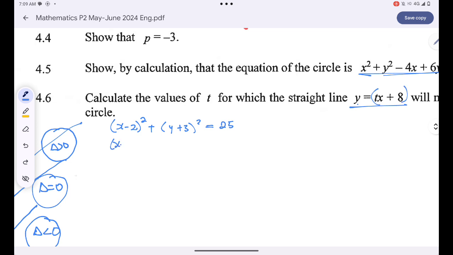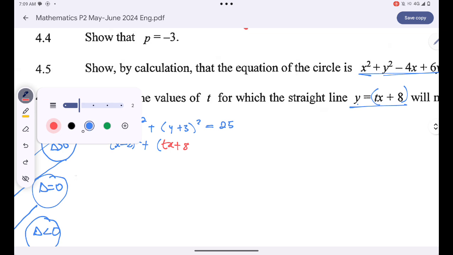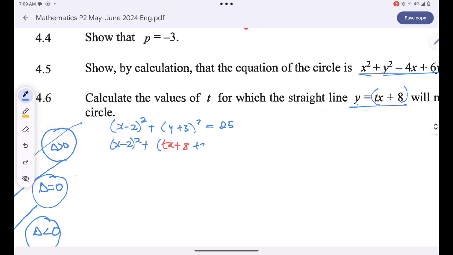So this will be (x minus 2) squared plus (tx plus 8 plus 3) squared is equal to 25. Are you together? Now you only have one unknown variable, which is x. Are you together? And you are looking for the values of t.